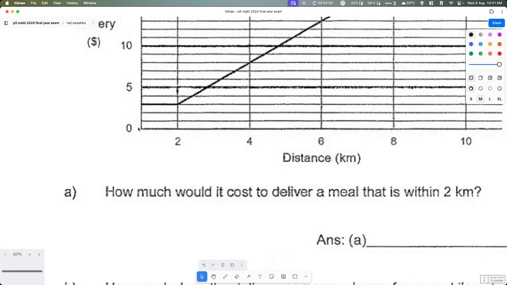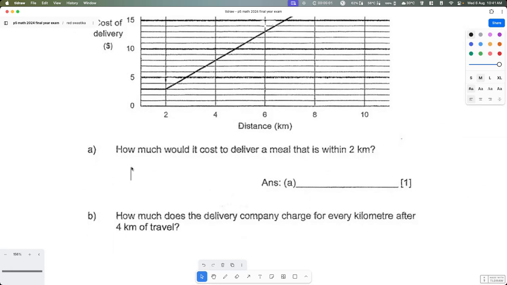So there are five gaps, and this will be $5. One gap is equal to 5 divided by 5, which gives us $1.